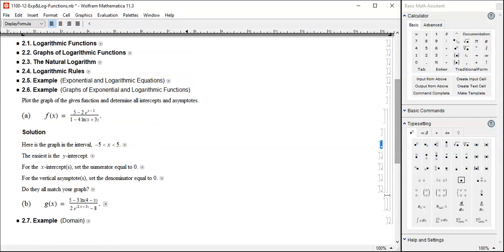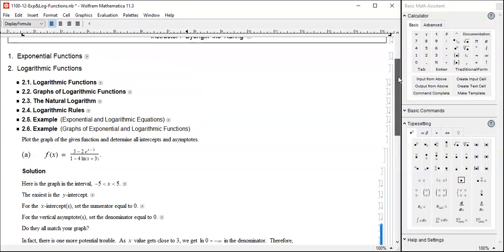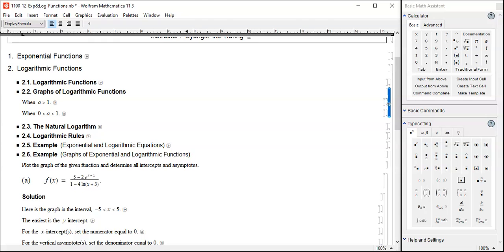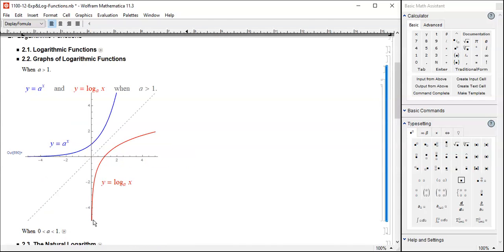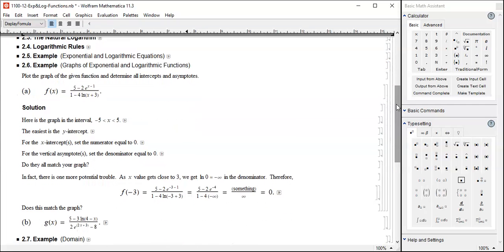But by the way, there's one more potential trouble. That's when the inside of the logarithm becomes 0, because log of 0 is -infinity, as you can see from this kind of graph. Yeah, -infinity going down like that. So how do you handle that?